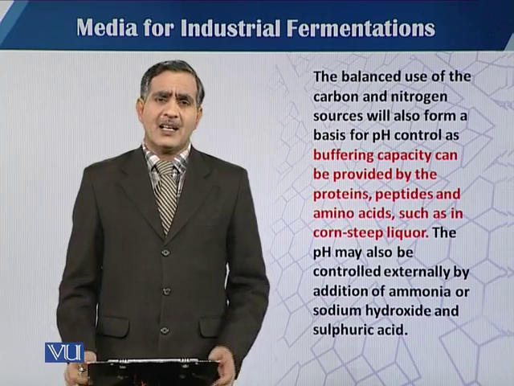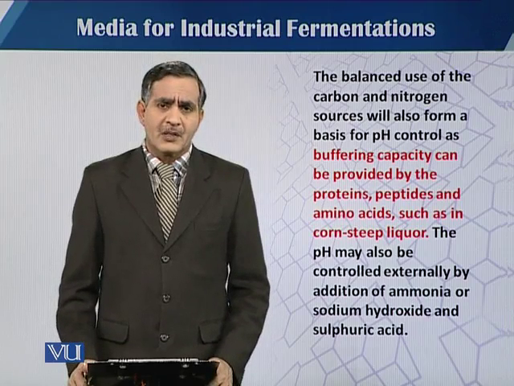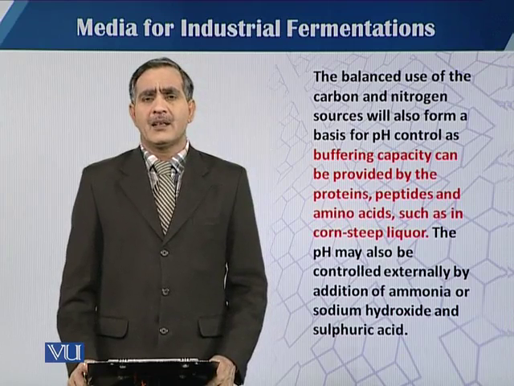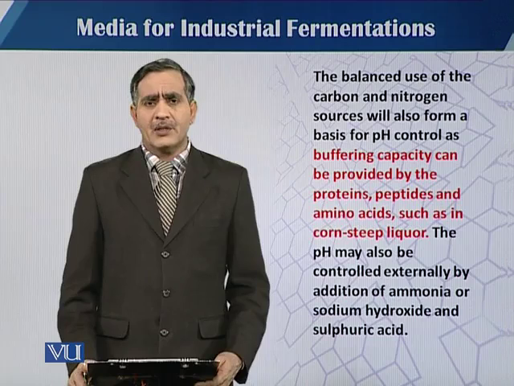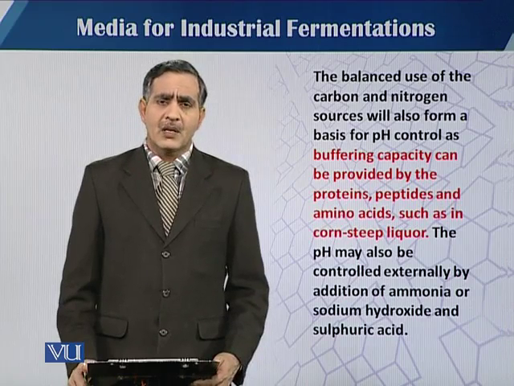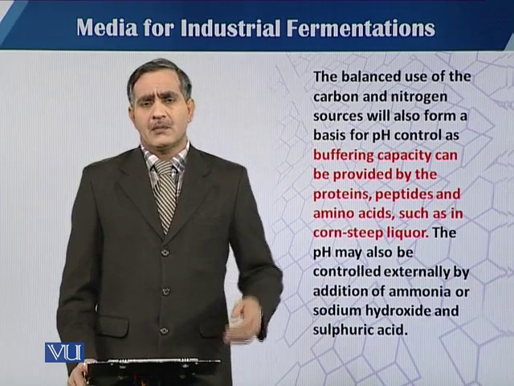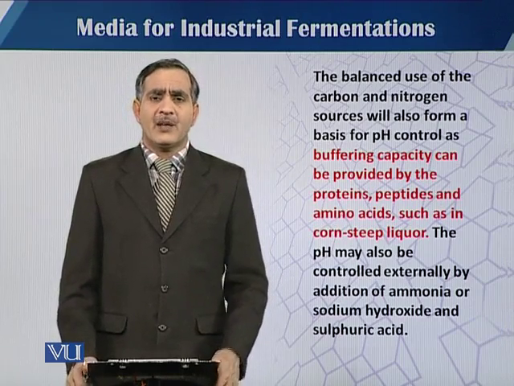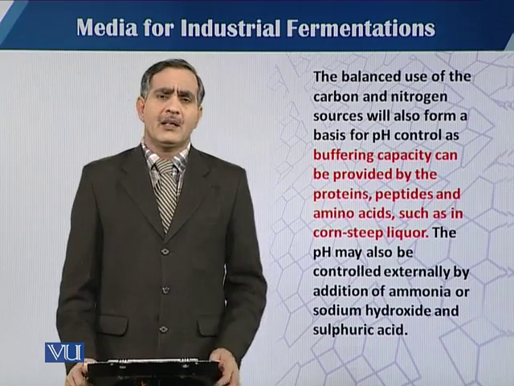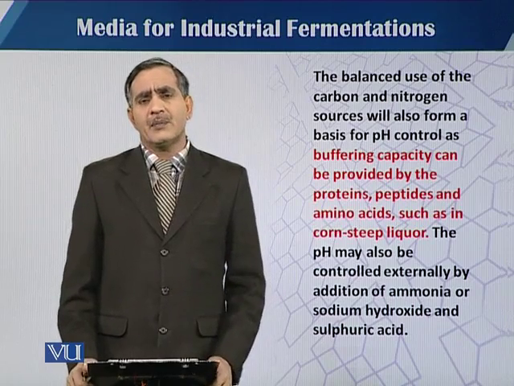So the first choice, while formulating the fermentation media, is to select all the ingredients, whether carbon source, nitrogen source or phosphorus source, considering their chemical nature and their role in affecting the pH of the medium.